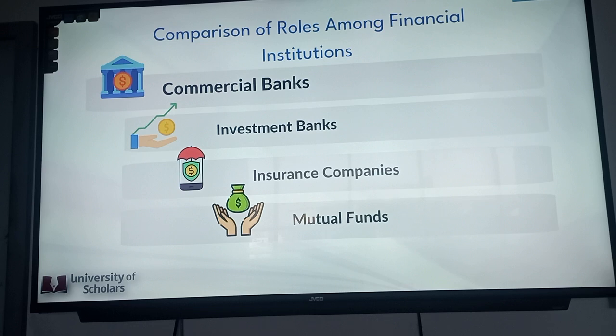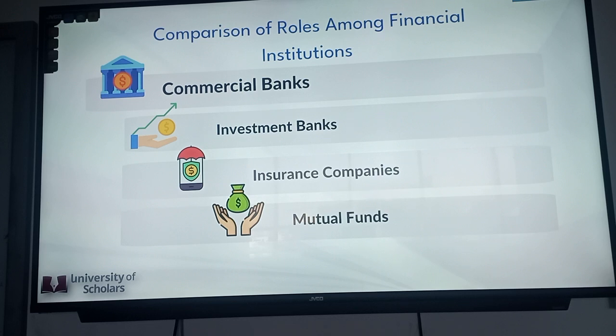Yet we can also mention some other institutions as well, such as hedge funds, which aim to generate high returns by employing a variety of investment strategies, minimizing risks and increasing the returns. Their secondary role is to engage in complex financial activities like risk arbitrage, short selling, and leverage.